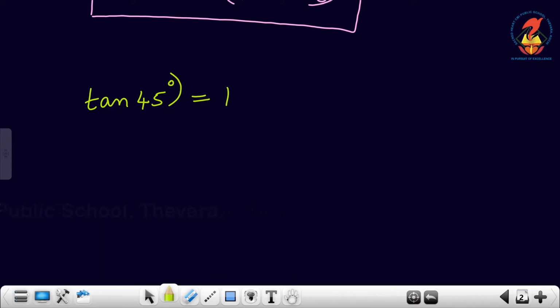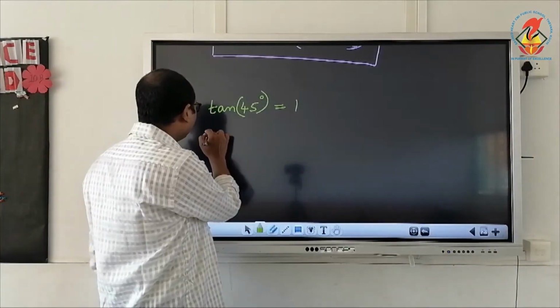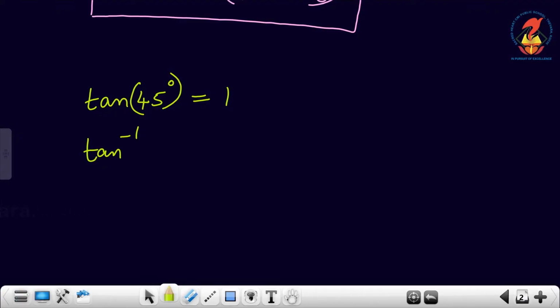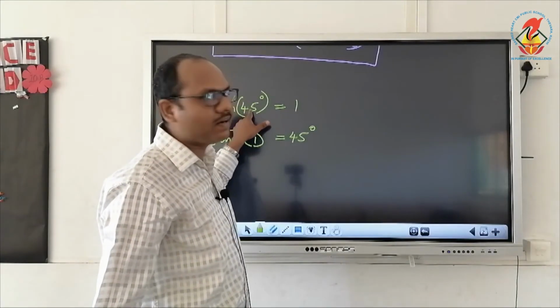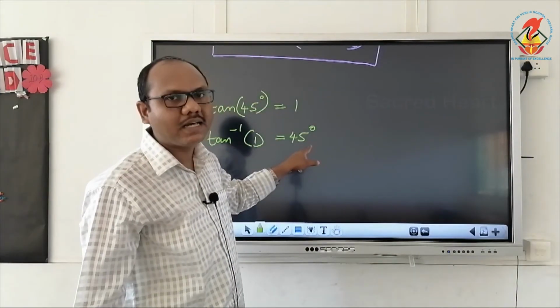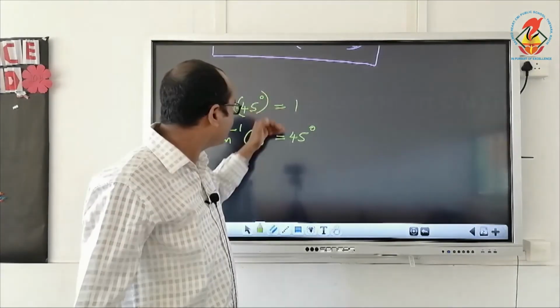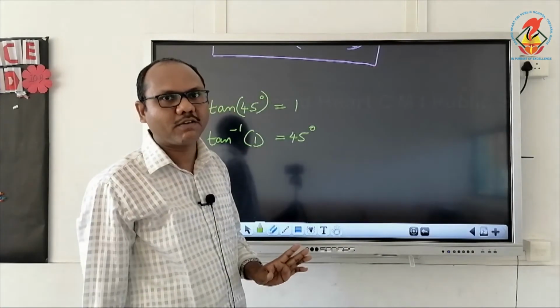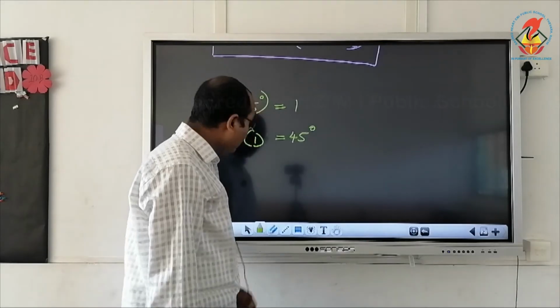So tan 45 degree, you get the answer as 1. So if I ask you tan inverse of 1, the angle will be 45. So if the angle is given, you will get the value. If I give the value, you will get the angle. So that is what is called inverse trigonometric function. It is not the reciprocal.